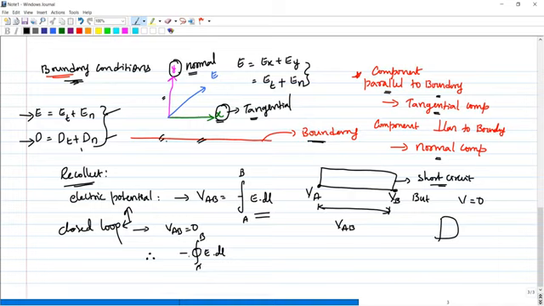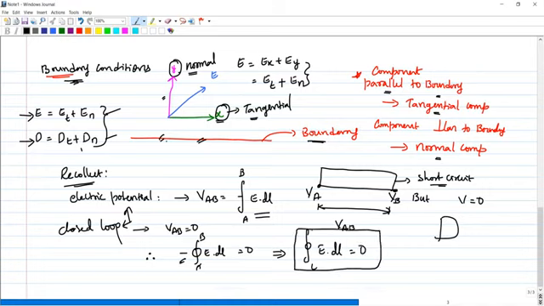If it is closed, then we have to write it as the closed line integral, and that value will become equal to 0. So I can remove the negative sign: the closed line integral of E dot dl is equal to 0. This is the first required equation to get the boundary condition.